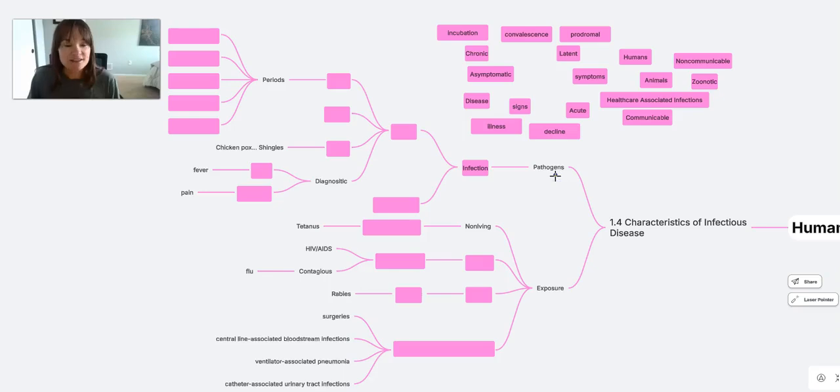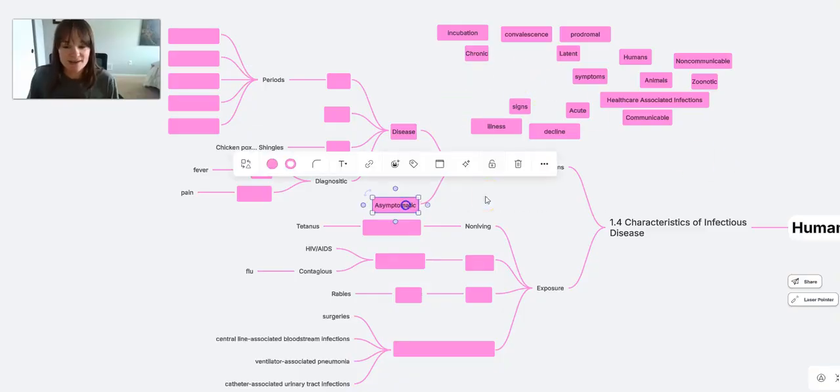A pathogen that infects can cause disease, or the individual could be without disease, in which case asymptomatic. So an asymptomatic person is infected with a pathogen but does not have disease. Whereas you can have a disease state caused by an infectious pathogen.